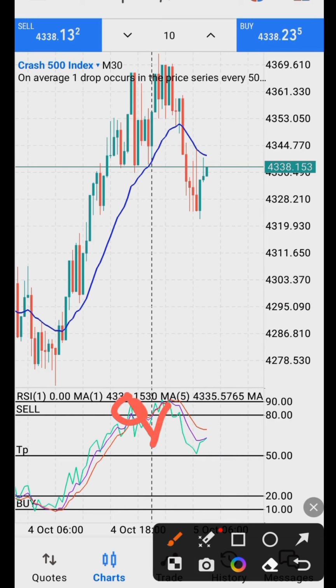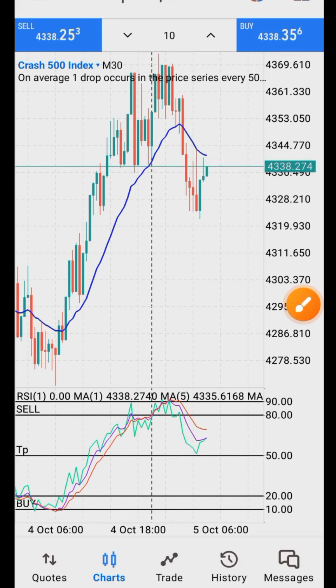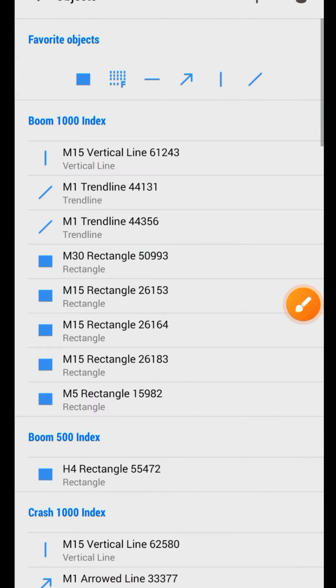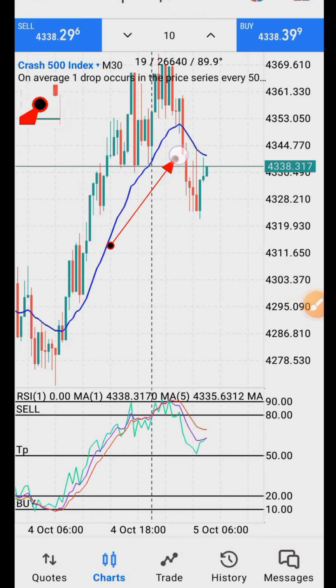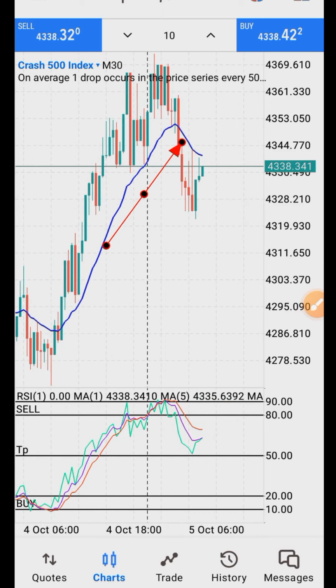So now what are you going to be waiting for? You can see on the chart that price has performed the double top already. So what are you waiting for your entry? You'll be waiting for the price to break the moving average here. All the conditions have already been completed, so just wait for the price to close below this, then you enter for your sell.